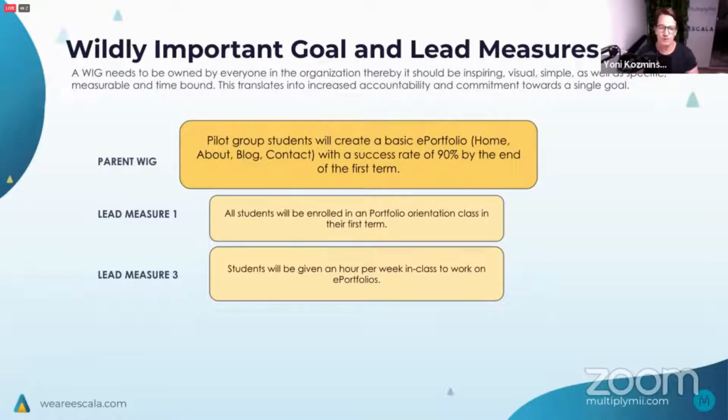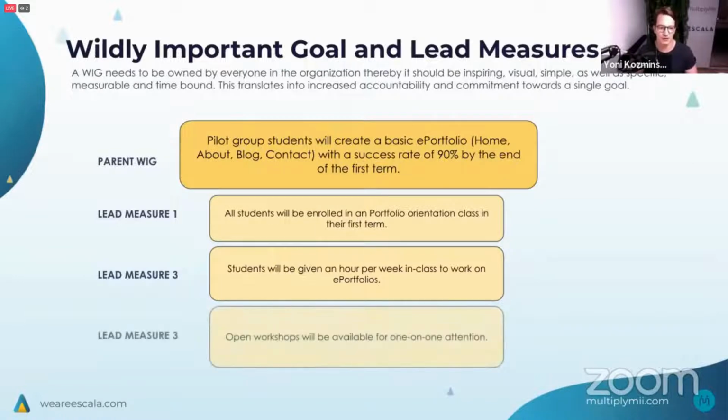So now we have a time-bound input where they're going to contribute, which will gear toward delivering that home, about, blog, and contact page. And then lastly, we have open workshops that will be available for one-on-one attention. So again, it's another support mechanism that really enables people to drive toward it.